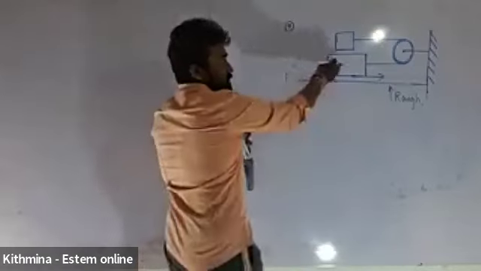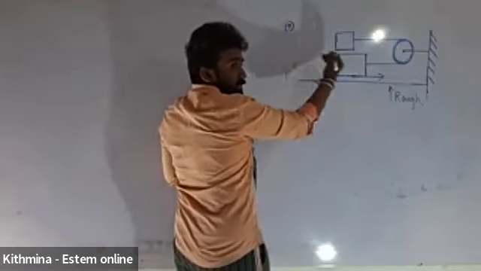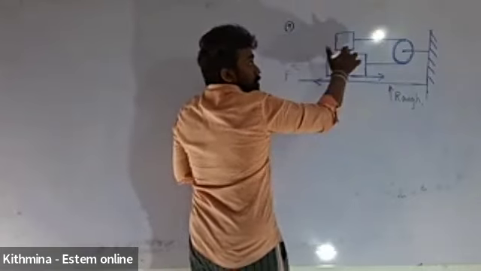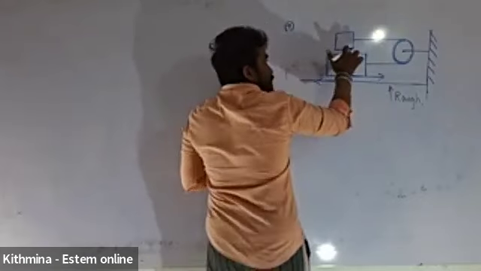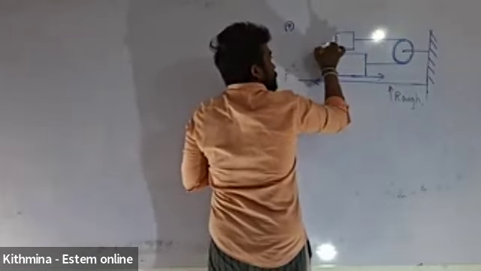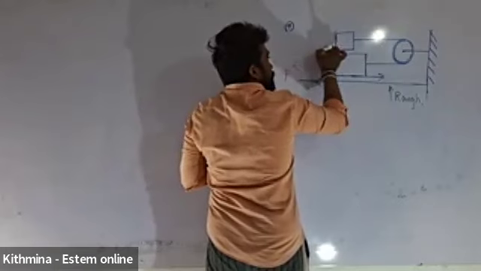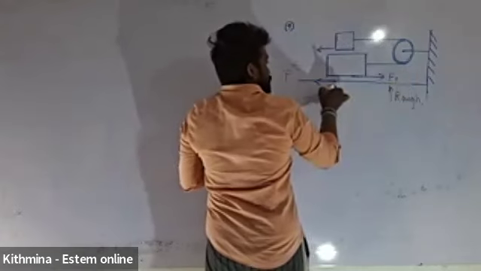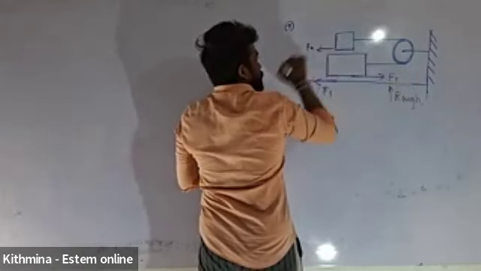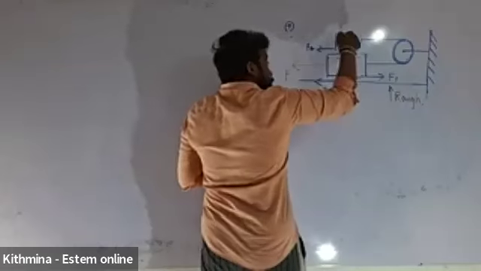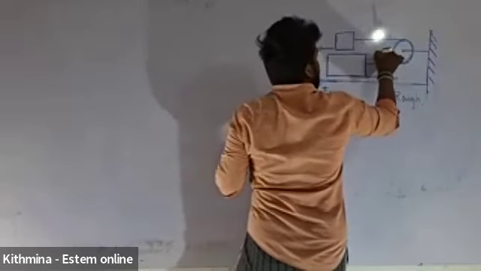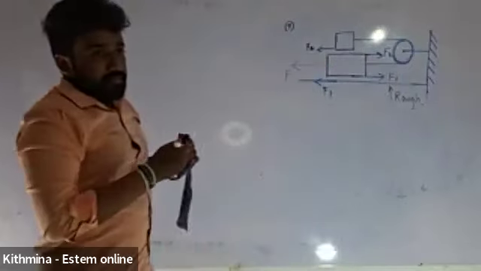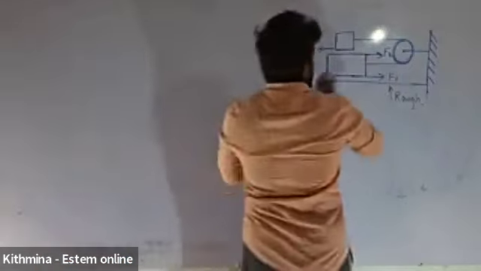When I apply a force in here, this surface will apply a force in this direction. This is F1, this is also F1, this is F2, and this surface will act with a force in this direction. And there are tensions also.